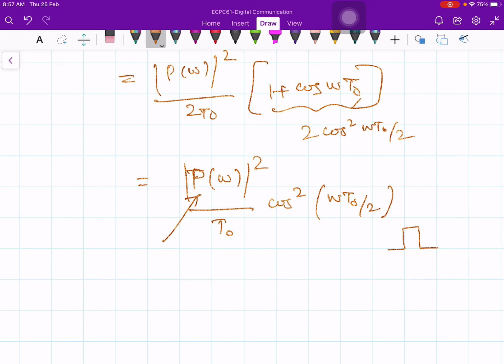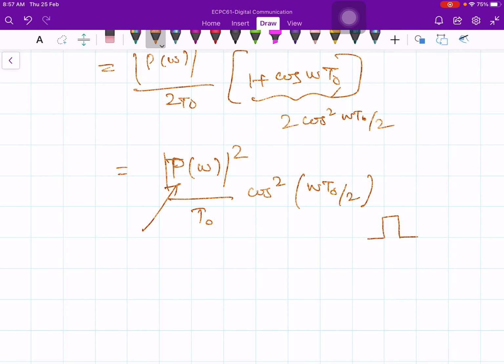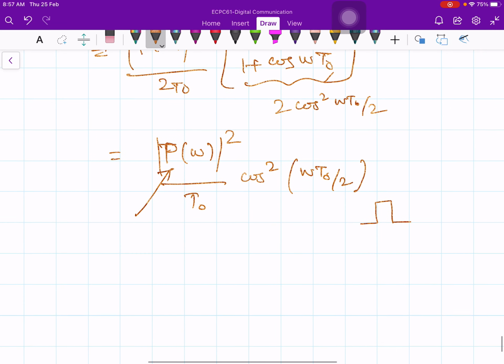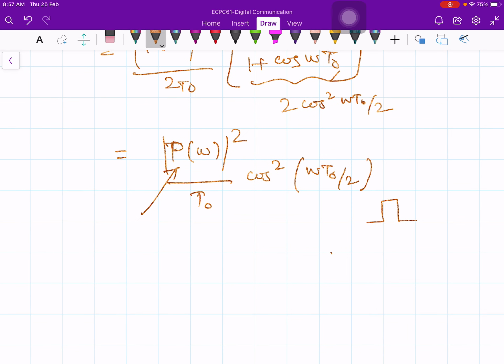So that is this particular rectangular pulse, then we get a sinc square function. Okay, so your p of t is going to be pi times t by t0 by 2. So this you represent mathematically like this. Pi is the notation for rectangular pulse.